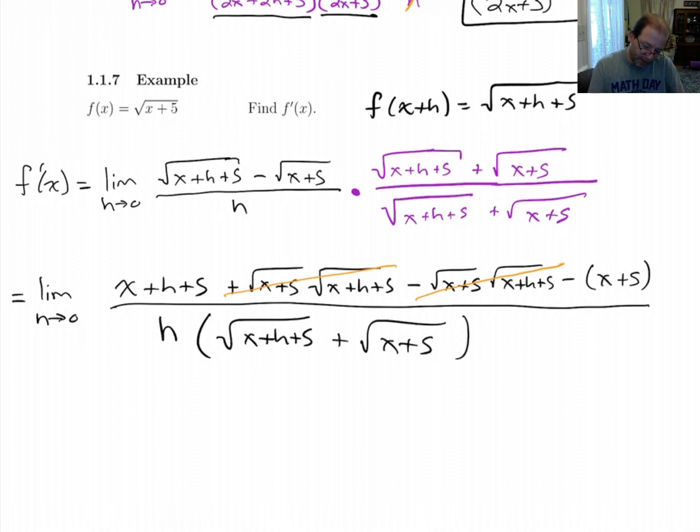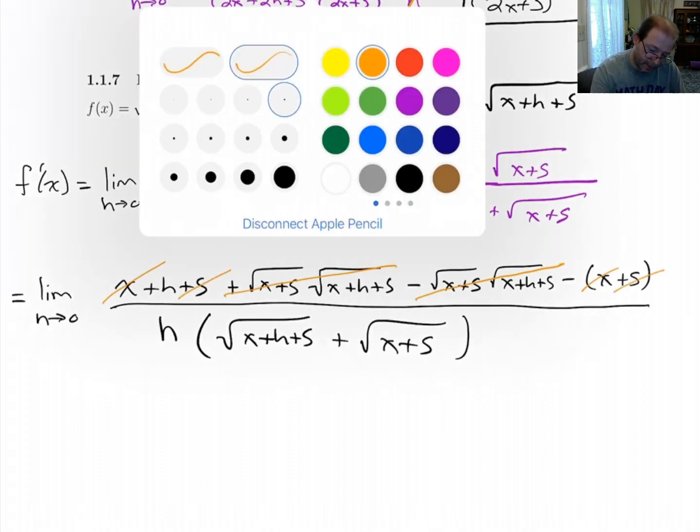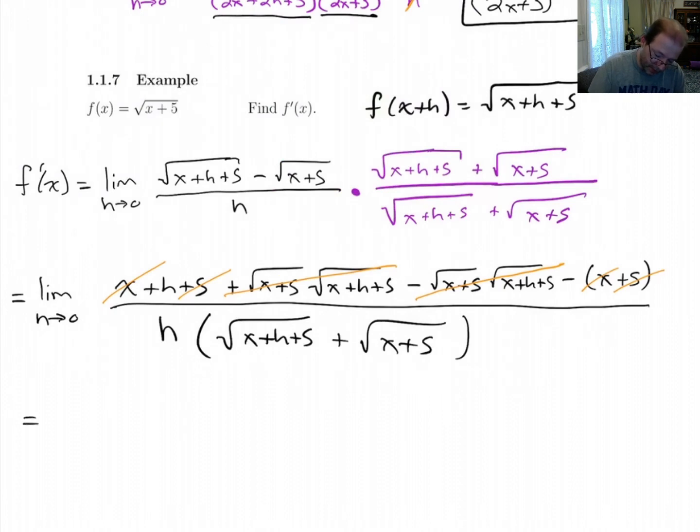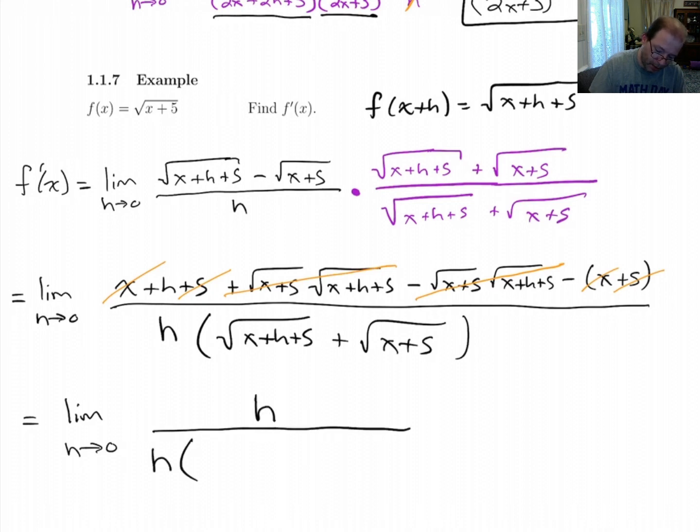And also, over here, you've got x, then minus x, and you've got 5 and minus 5. So the only thing left on top is just an h. That's going to cancel with the h that remains on the bottom.